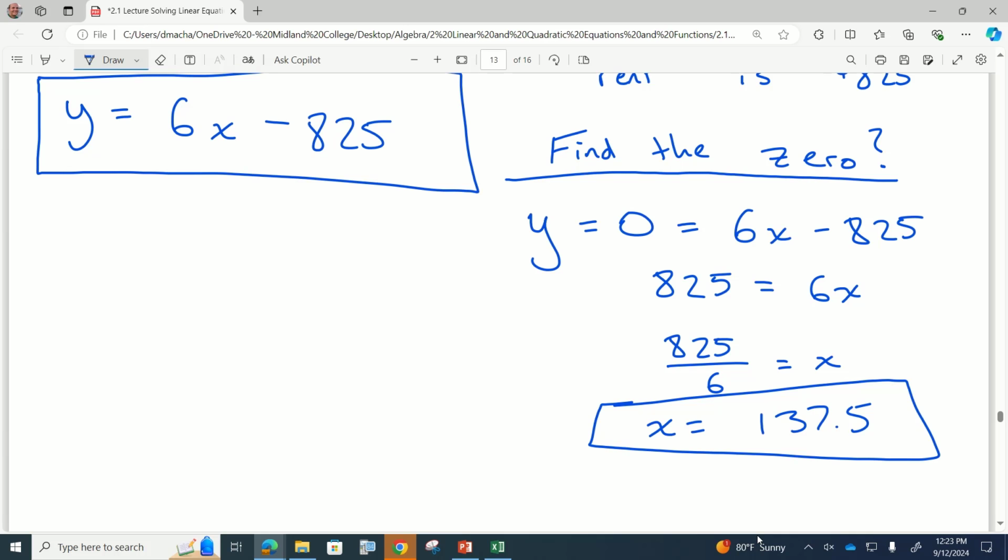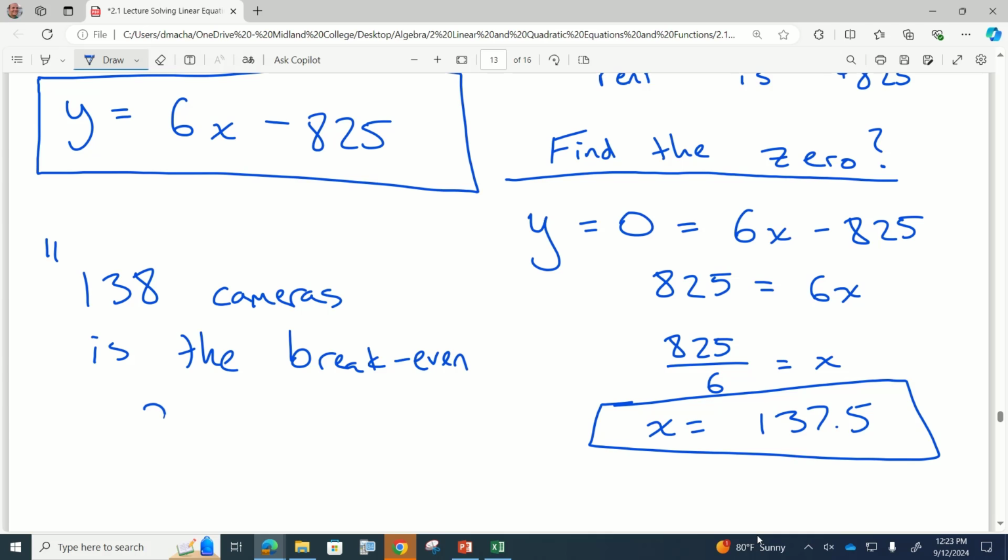So this is what we call the break-even point, where you actually start to make a profit. You go from losing money to earning money if you can sell 138 cameras over the course of a month.